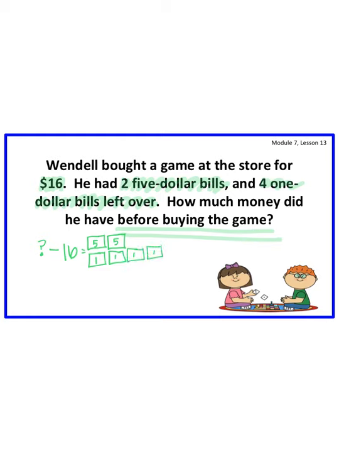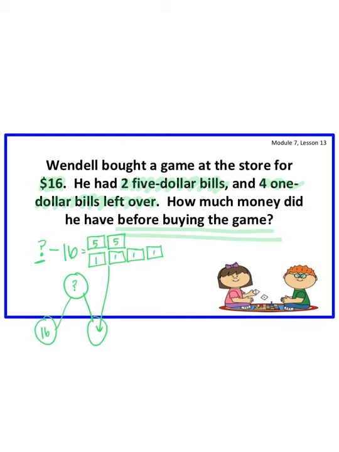There we go. So, how much money did he have before buying the game? What is this question mark? Another way you could think about it is that the question mark is the top of a number bond, and on one part of the number bond is 16, and on the other part is however much this money is. So you take a little guess at it. Not a guess, but like actually work it out and then come back.